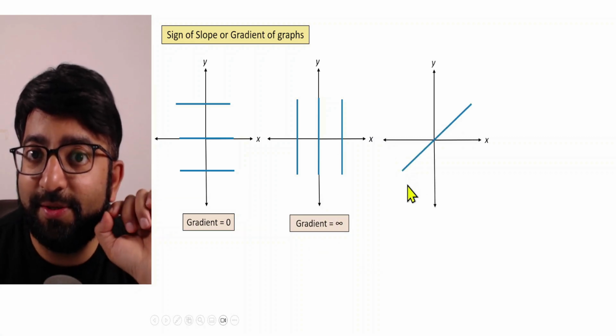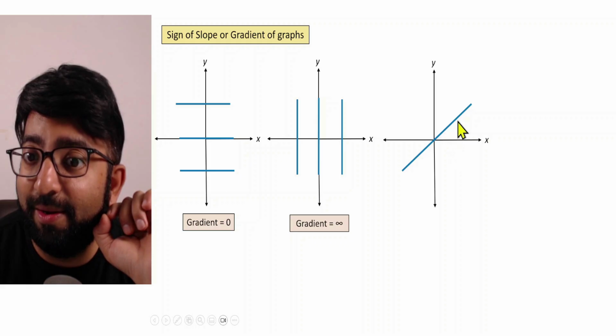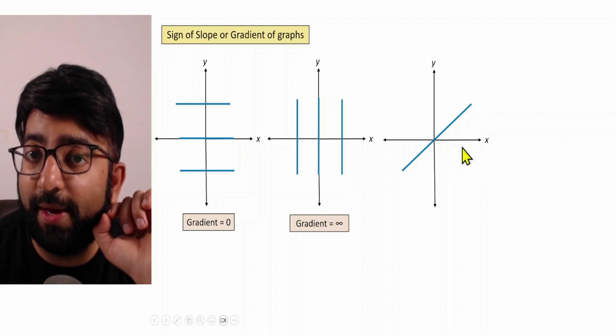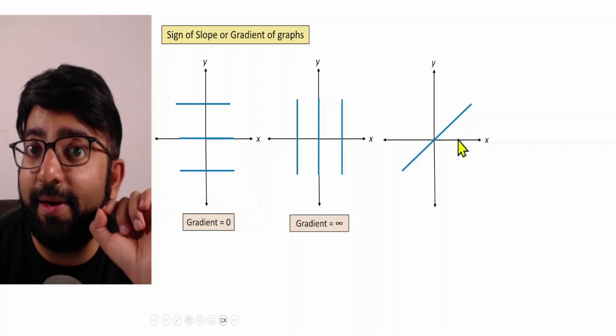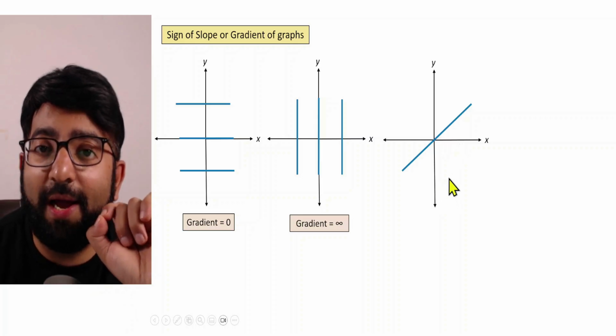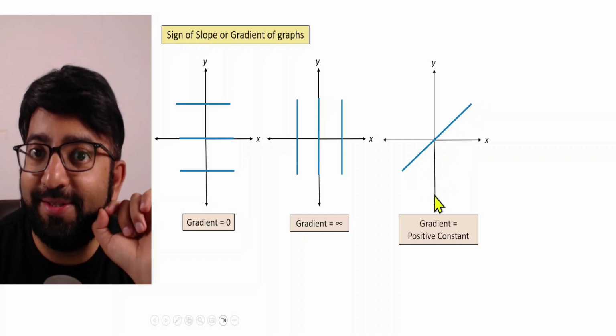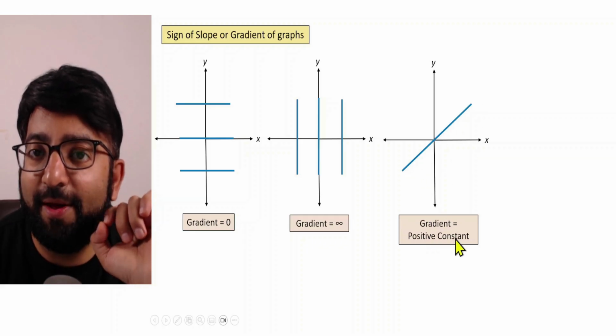Next, consider this graph. This is a straight line passing through the origin. If you observe the angle theta, the angle which the line makes with the x-axis, this angle theta is acute, and we just discussed that if theta is acute, the value of tan will be positive. Just remember this concept: if the line looks like this, then the gradient is a positive value.